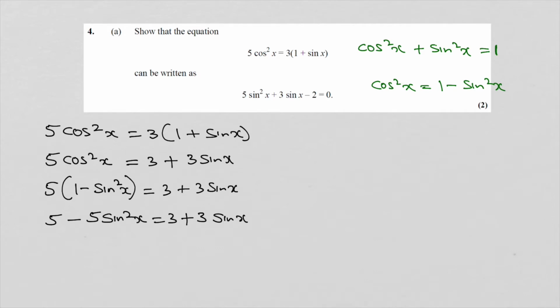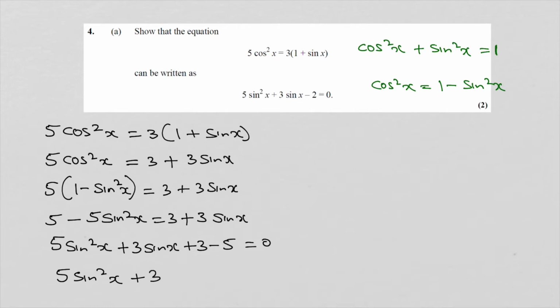So I get 5 sine squared x plus 3 sine x plus 3 minus 5 equal to 0. And that gives 5 sine squared x plus 3 sine x minus 2 equal to 0.